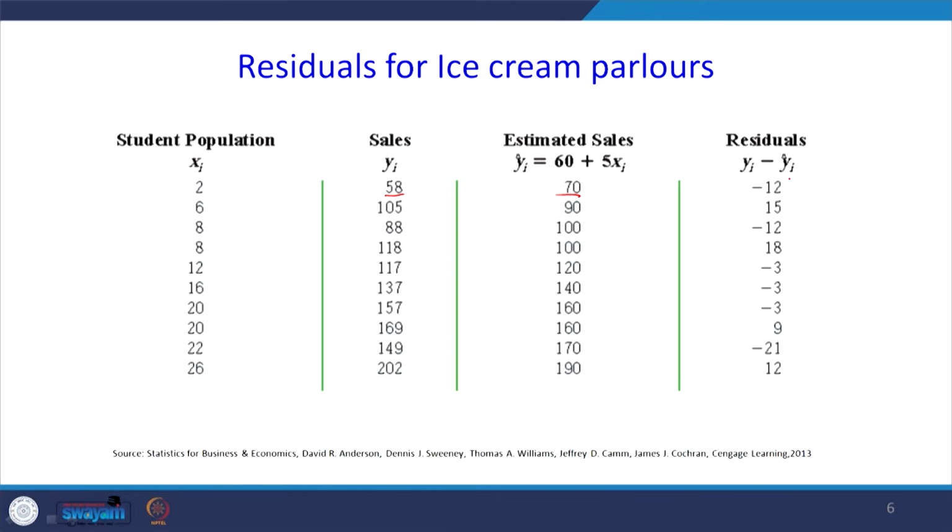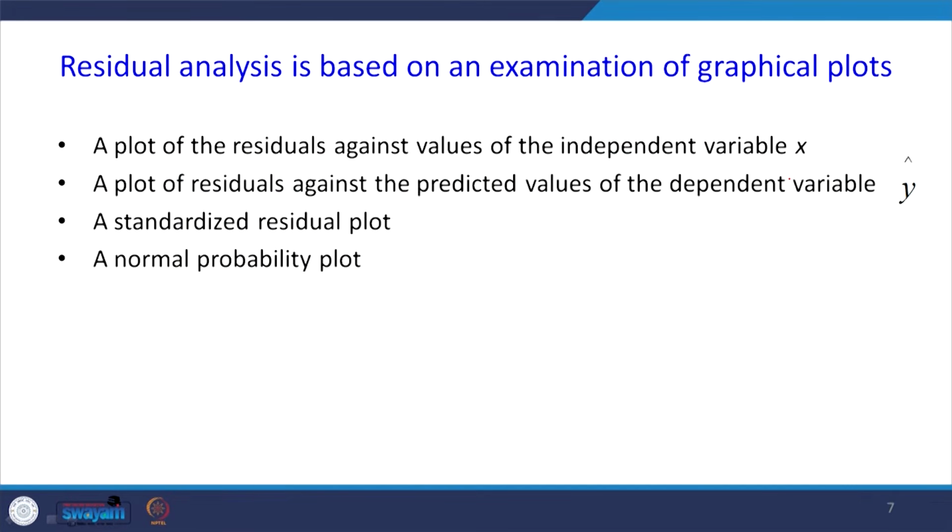This residual has to have some properties. Those properties we will check. The residual analysis is based on the examination of graphical plots. So, we are going to plot that residual, which was in the previous slide, then check certain assumptions. There are 4 methods we are going to do in this class. One is a plot of the residual against the value of the independent variable x.